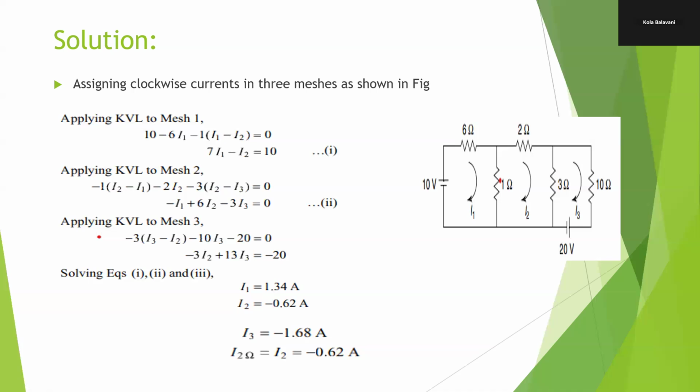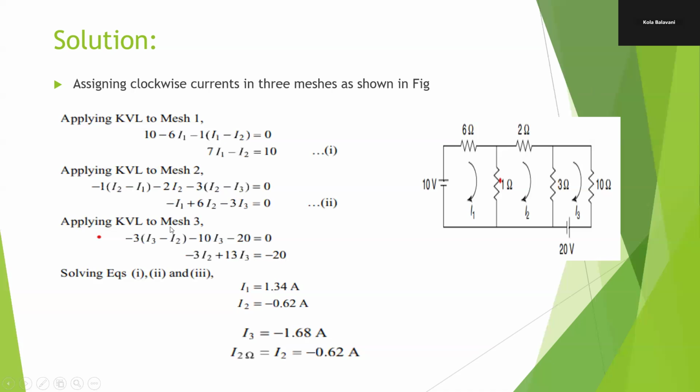So the equation is: minus 1 into (I2 minus I1), minus 2I2, minus 3 into (I2 minus I3), equal to 0. That is the KVL for the second mesh.